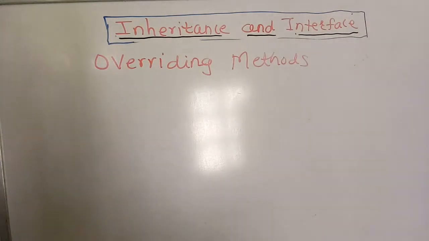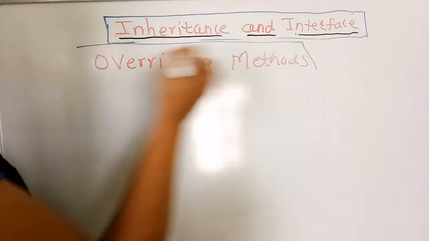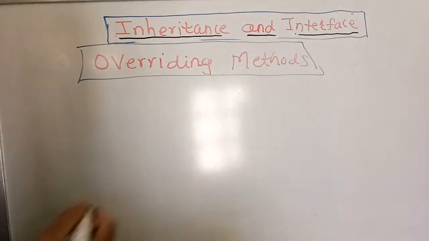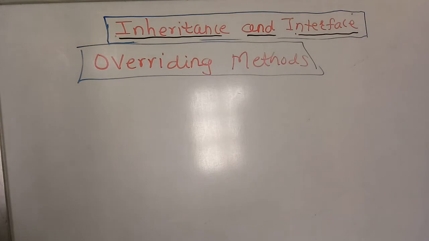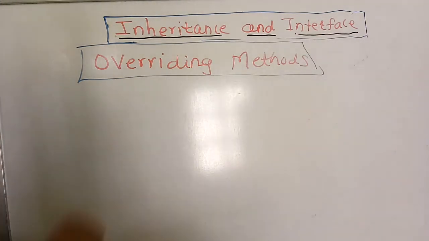Now we will see another mechanism of inheritance and interfaces, which is the overriding of methods. It is sometimes also called runtime polymorphism. Using the inheritance mechanism, the methods defined in the parent class are inherited by its child class and used by the objects created by the child class.